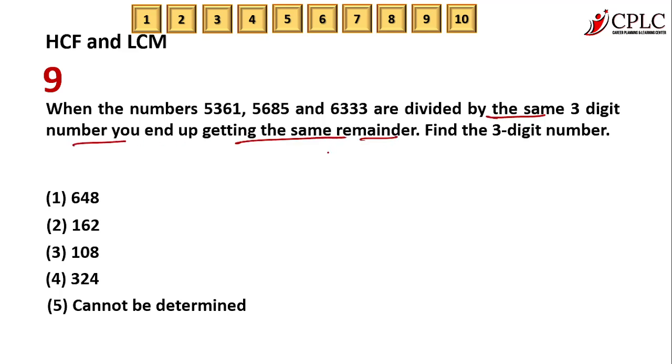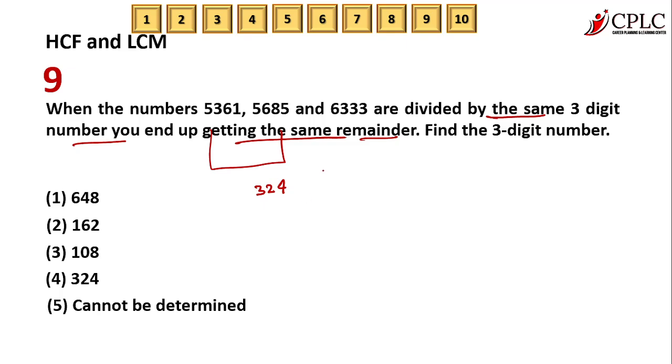Now, what to do in such kinds of questions? So, the first thing that we do is we take the difference between two consecutive numbers. So, we have to find the difference between 5685 and 5361. If you do that, 5 minus 1 is 4, then 8 minus 6 is 2, and then obviously 3.